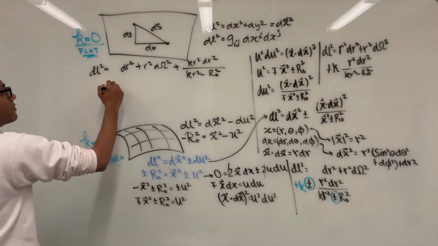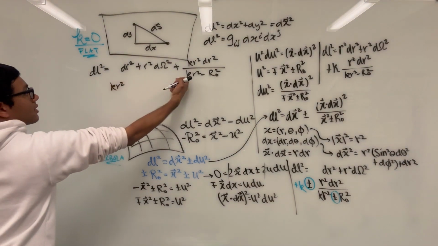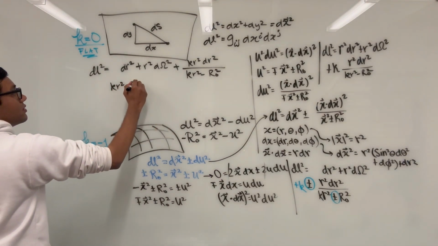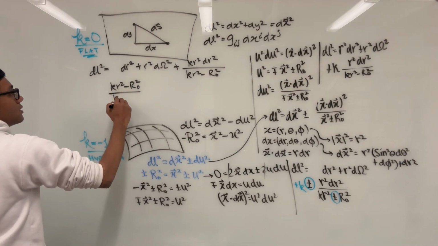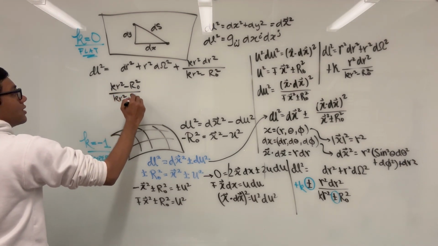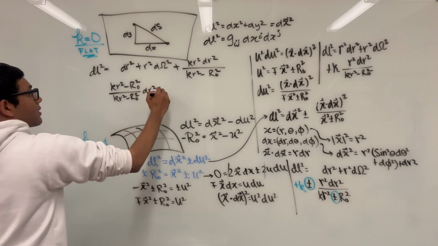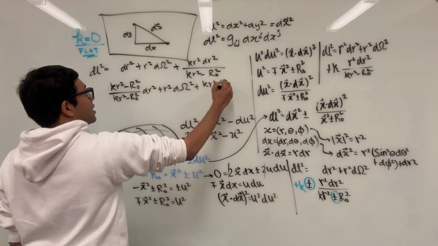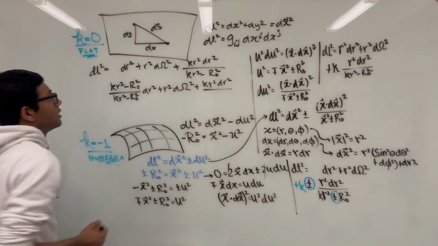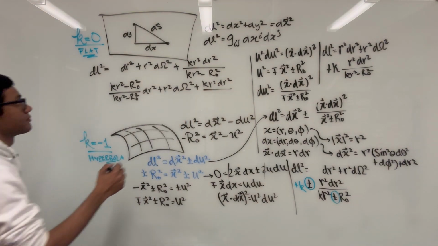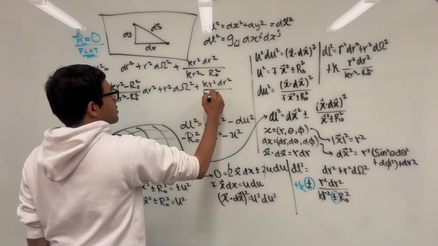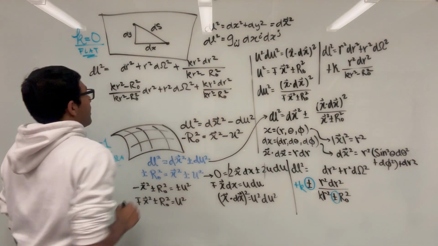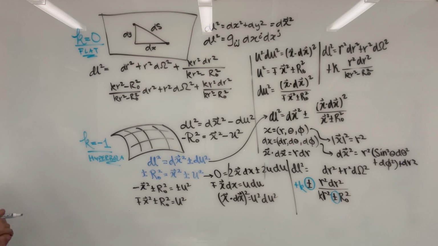And so now if I multiply this by kr squared minus r naught squared to have equal numerator and denominator, then I have this, okay, plus r squared d sigma squared plus kr squared dr squared. Okay, so let's see.